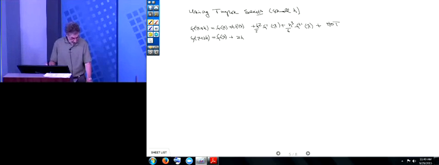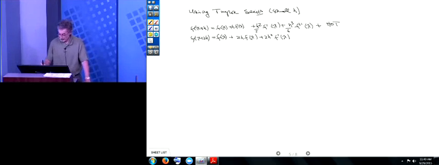Okay, so then I have 2h f prime of x plus 2h squared f double prime of x plus 4h cubed over 3 f triple prime of x, again plus higher order terms.